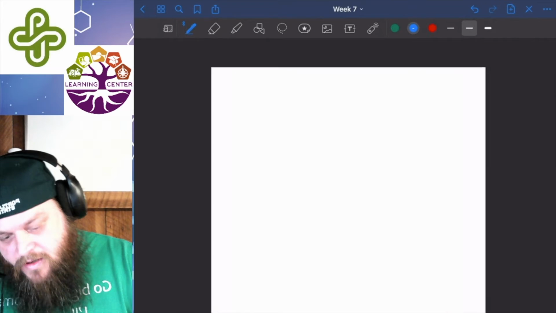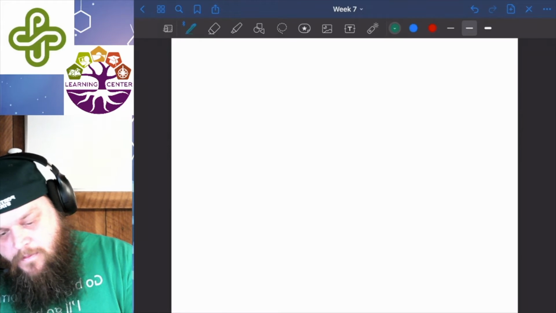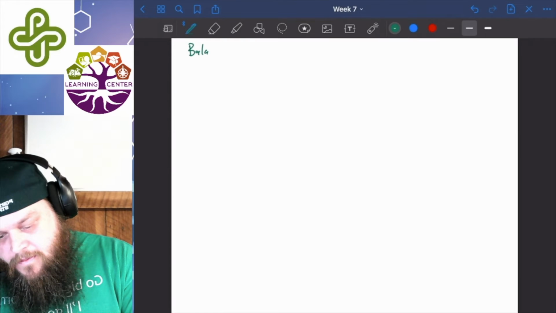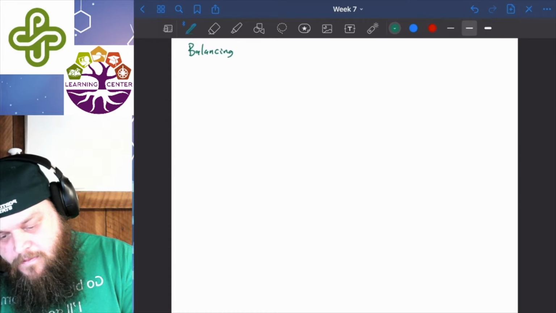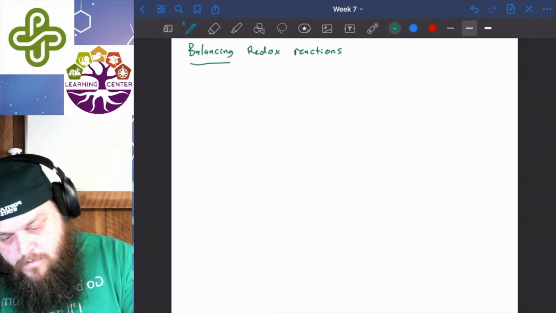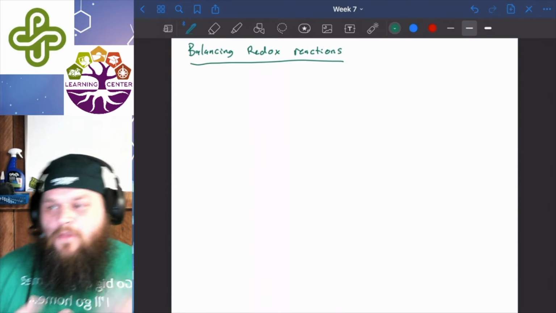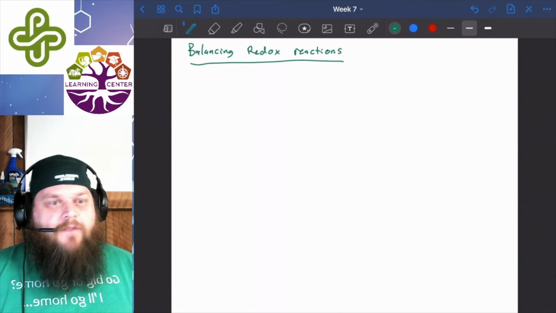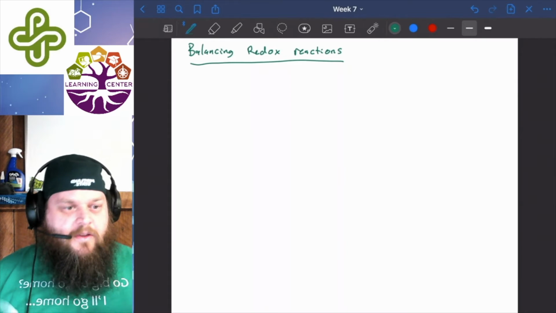So for balancing redox reactions, there's a certain set of steps that we can follow to make sure we get this in the correct order.